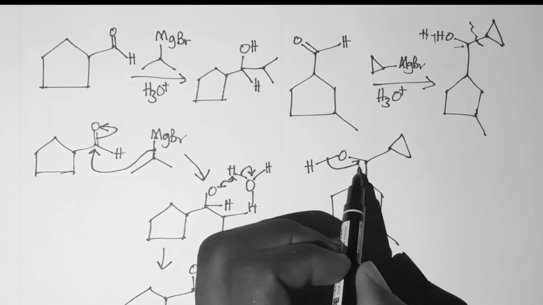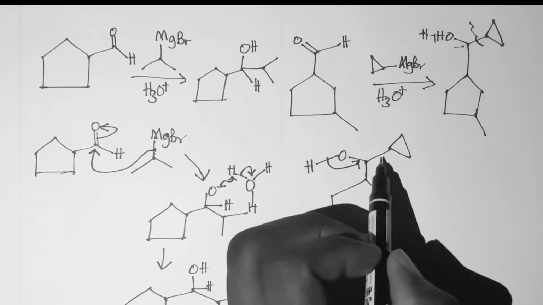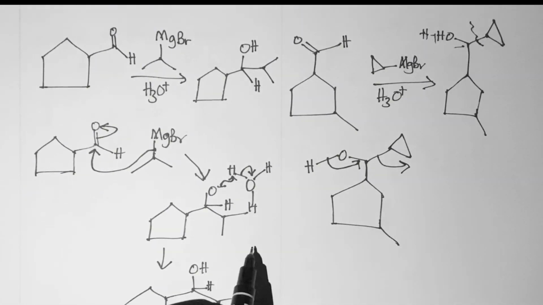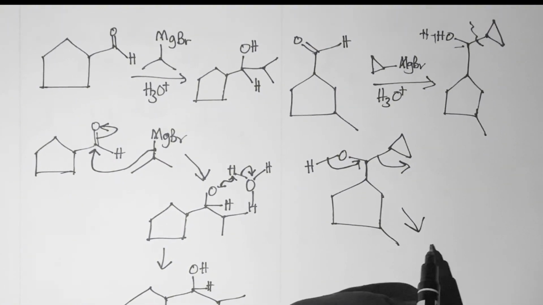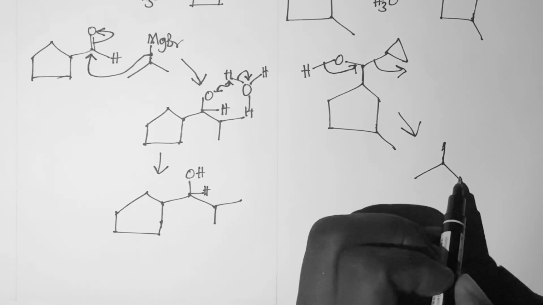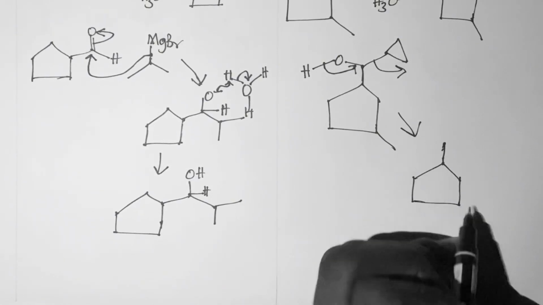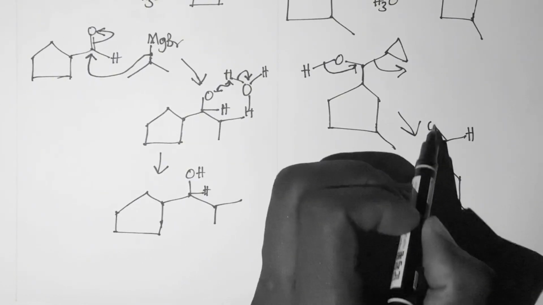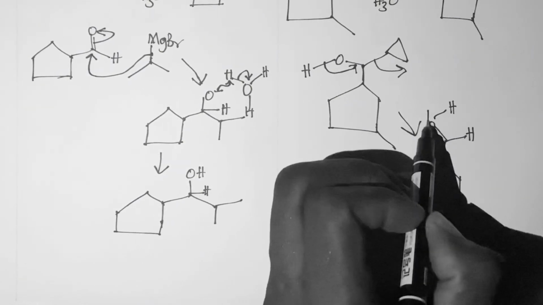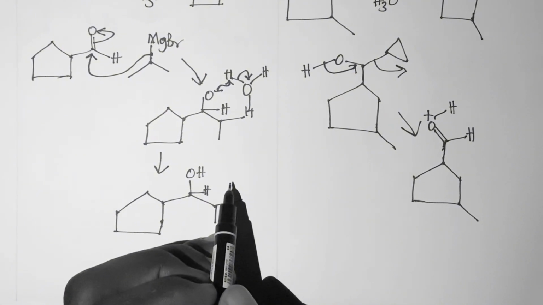These electrons will be moved there. And when it is moved there, it will cause this to break off. So when it breaks off, in solution, we are going to form this. So this is what we are going to form in solution.